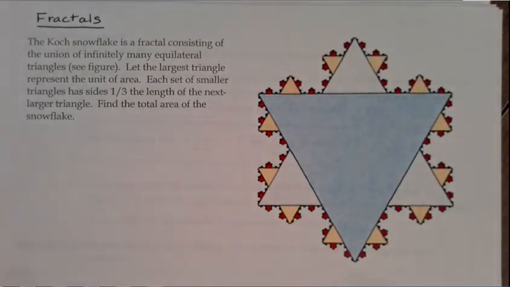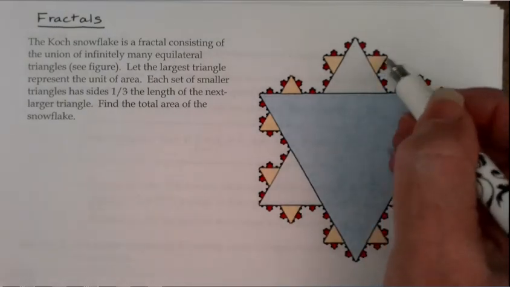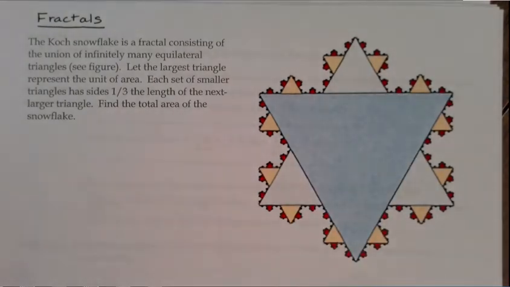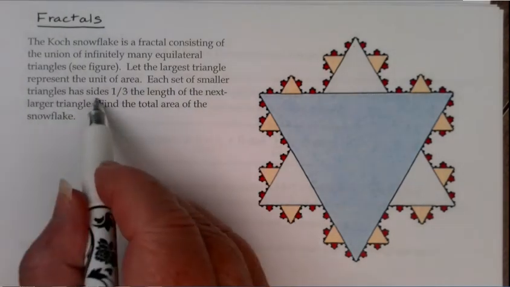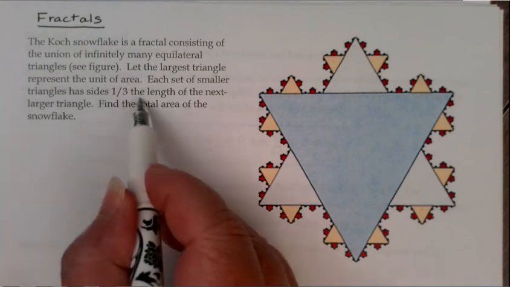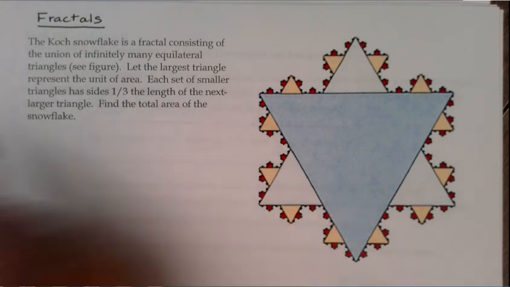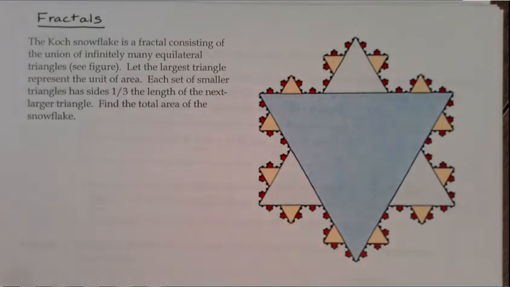And you can see that you could repeat that process indefinitely. Of course, it gets so microscopically small that we can't see it. But essentially, every single triangle that we draw is going to get 2 more little triangles built off the side of it. Each set of smaller triangles has sides 1/3 the length of the next larger triangle.